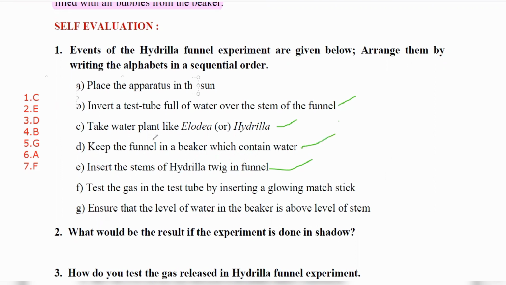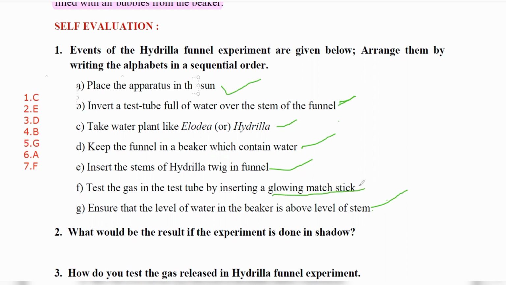And the fourth one is B. Invert a test tube full of water over the stem of the funnel. And the fifth one is G. Ensure that the level of water in the beaker is above the level of the stem. And A. Place the apparatus in the sun. And after the time is over, finally, F. Test the gas in the test tube by inserting a glowing matchstick.